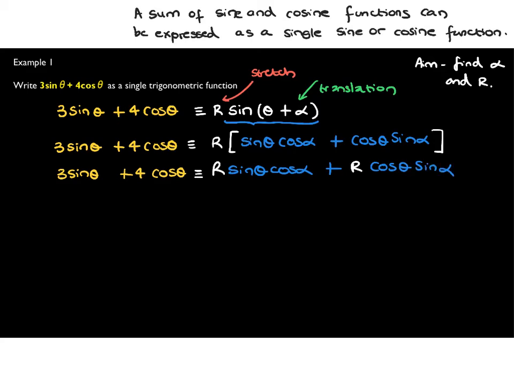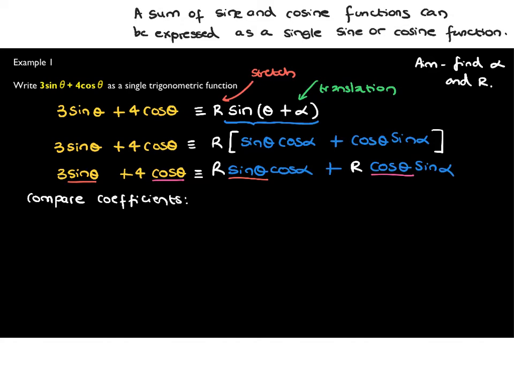Now, look at both sides. We have a sine theta here, and a sine theta here, and a cos theta here, and a cos theta here. What we're going to do is compare coefficients, because this is an identity, so the left-hand side and the right-hand side are identically equal.